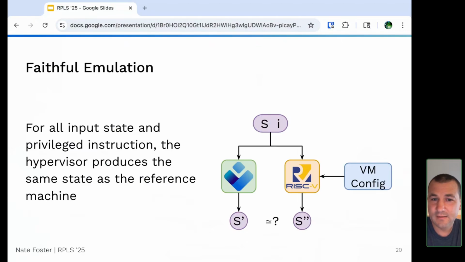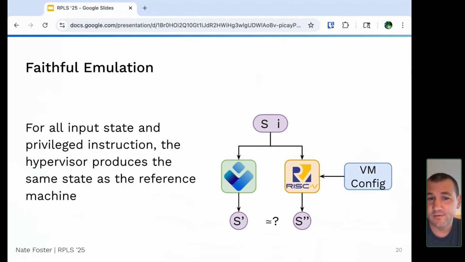Here's another way to see it. For all states of the system, that's the S you see here, and for all privileged instructions, that's the I you see in purple on the top. If we're running the two systems, on the left you see the version with the hypervisor, and on the right you see the reference machine, which here is just, say, RISC-V.